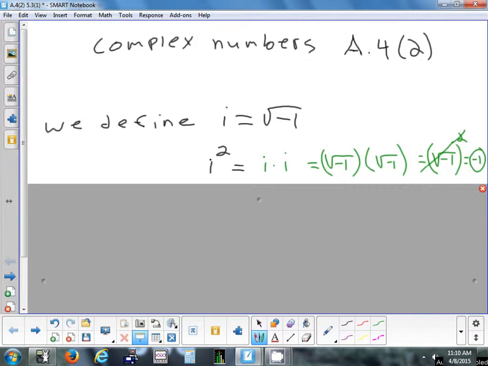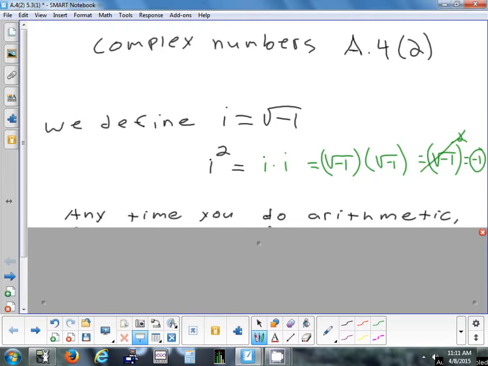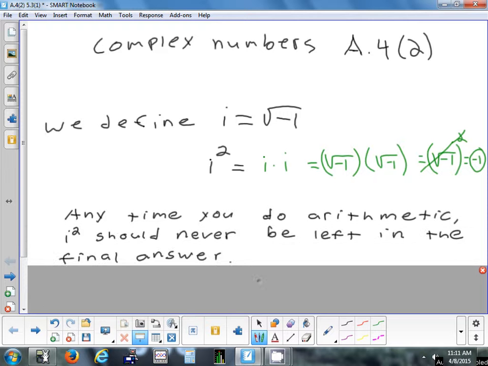Anytime you have a problem that has an i squared in it, you always need to change it to a -1. If there's any multiple choice answer on the test that has an i squared in it, it's wrong. It's not simplified. So if you're going through the test and you get stuck and have to take a guess, don't ever pick an answer that has i squared in it. It's not simplified. So don't ever leave i squared in the final answer.